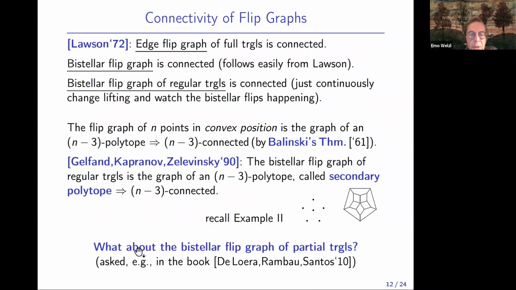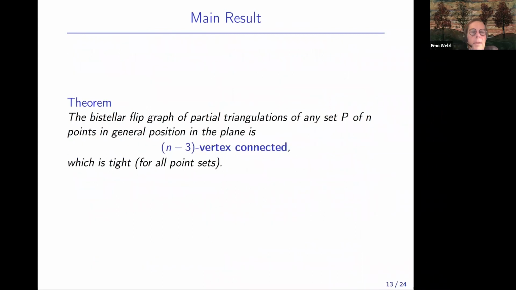So now the question naturally remains open, which was asked, for example, in the book by Jesus, Jörg, and Paco in 2010: what about the bistellar flip graph of partial triangulations? How vertex connected is this graph? And that is the theorem we proved.